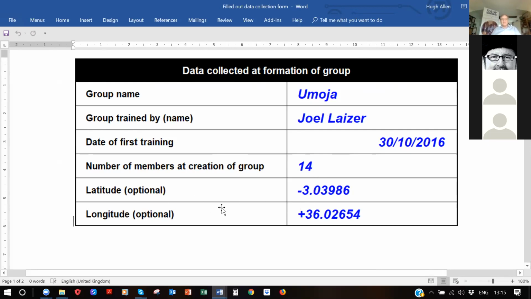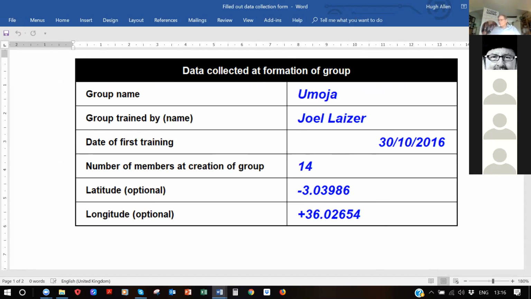What did I tell you about latitude and longitude? GPS data. What did I advise you about that? I think you say that that's not very important unless you have to do it. It may be important to you, but we don't recommend that you do it using paper forms, because that means you have to have a separate GPS device.